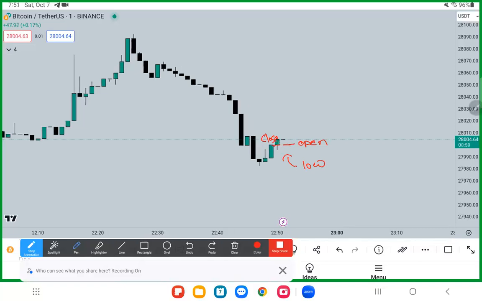All right, and then we can see that this is the high, and the high is also the place that we close at, and then that next candle forms right here. So that's that open, and that's that close.